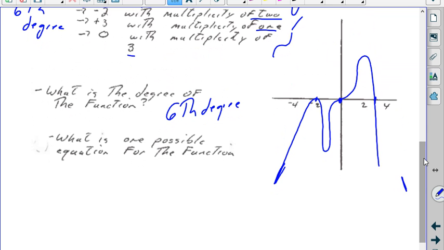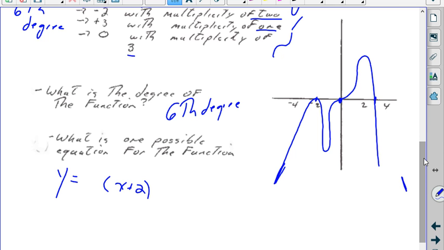Now, what is one possible equation? Well, we have a root at x is equal to minus 2. What's the factor that corresponds to that one? Yes, x plus 2.